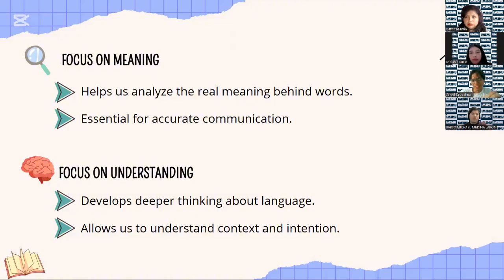So why does all this matter? Because language is the most powerful tool we have to connect with others. But without understanding meaning, real communication is impossible. Semantics allows us to express ourselves clearly, avoid misunderstanding, and truly understand the people around us.